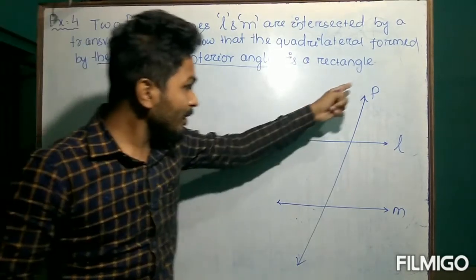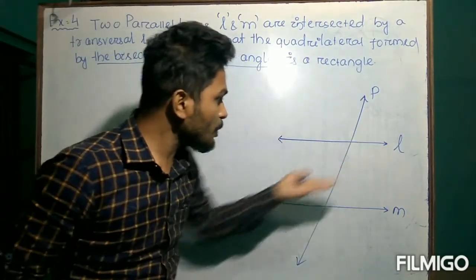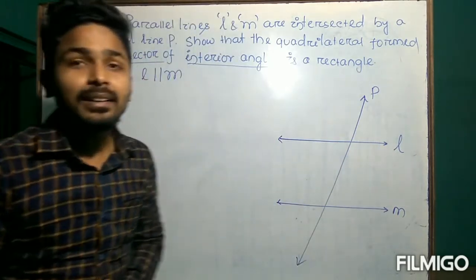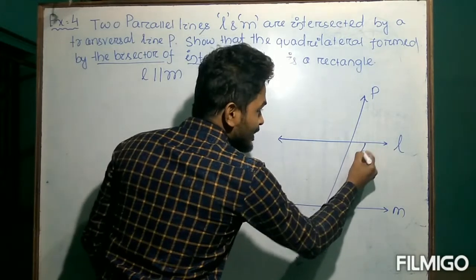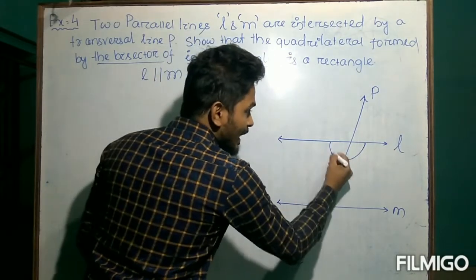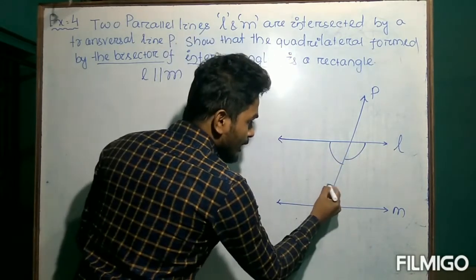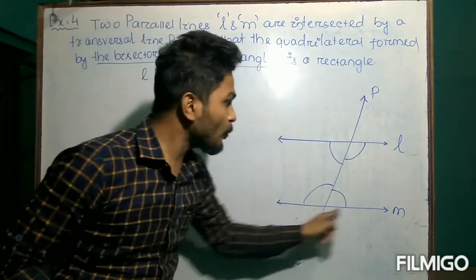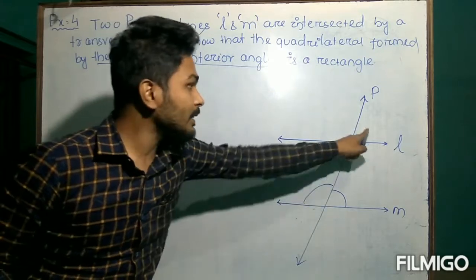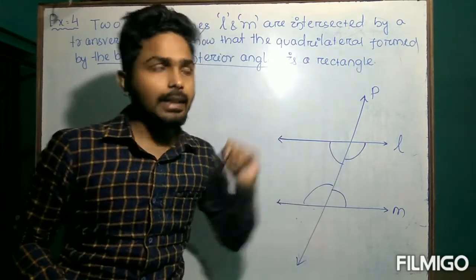Whenever a transversal line intersects any two parallel lines, how many interior angles are formed? Total 4 interior angles are formed: the first, second, third, and fourth interior angles, and these 4 are exterior angles.